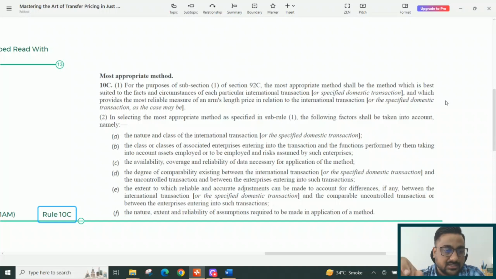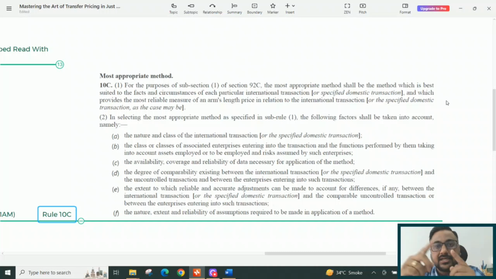Then the third is the availability, coverage and reliability of data necessary for application of the method. Obviously, for comparing the controlled transaction, you need to also have the uncontrolled data which is available. So that's the third part. Then the degree of comparability existing between the international transaction and the uncontrolled transaction and between the enterprises entering into such transaction.